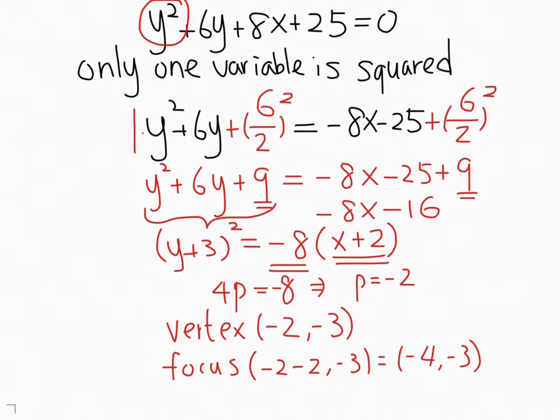The directrix: you will have a vertical directrix. So x equals negative 2 minus negative 2, equals 0. x equals 0, that means our y-axis is going to be the directrix.